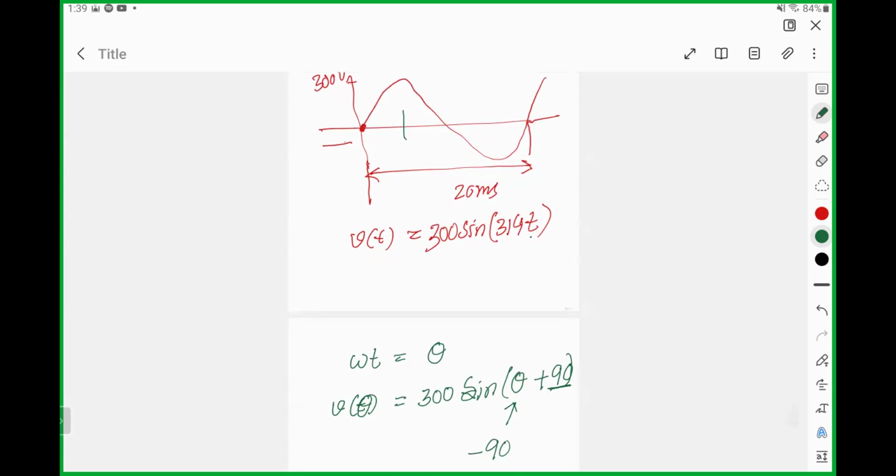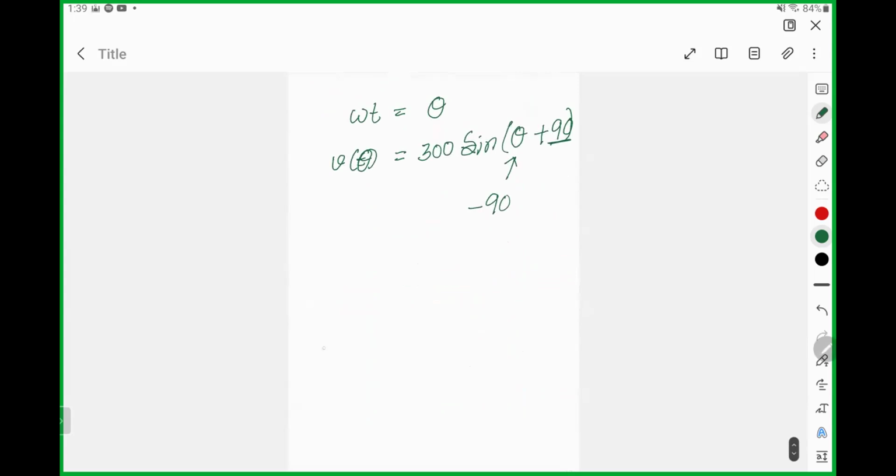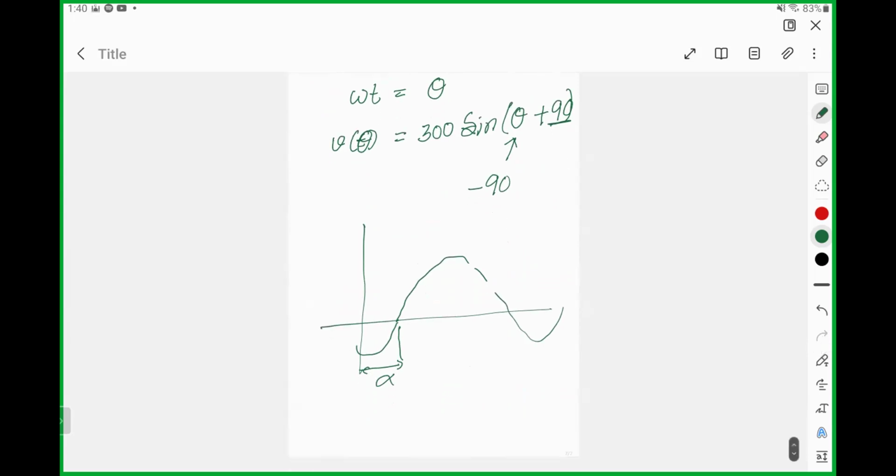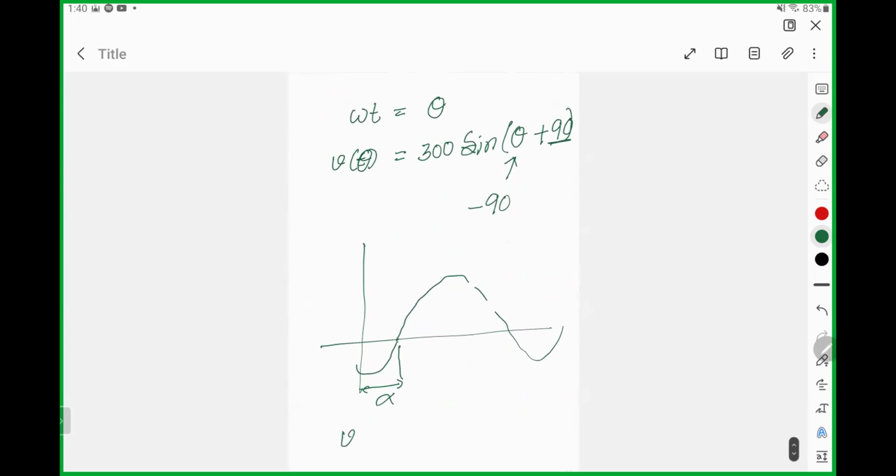0 has started. Now, if I shift my sinusoidal signal to the right, that means I will have some value here. It has shifted, say, by an angle of alpha to the right. So if this is the case of the sinusoidal signal, then my sinusoidal equation will be equal to B 300 that I missed.